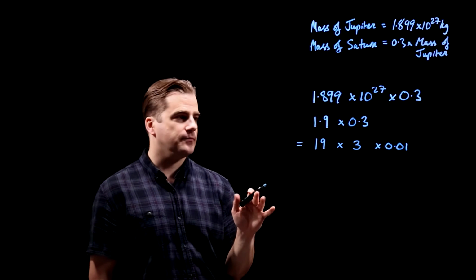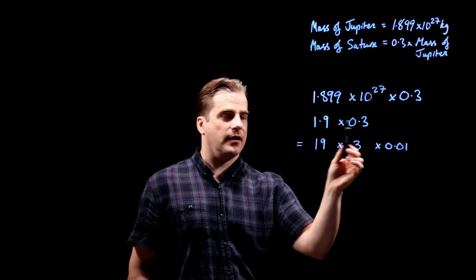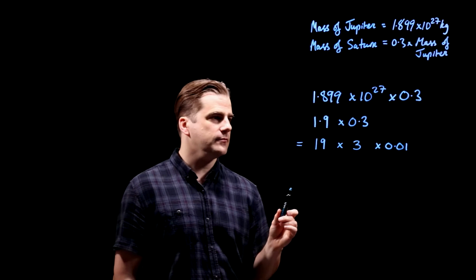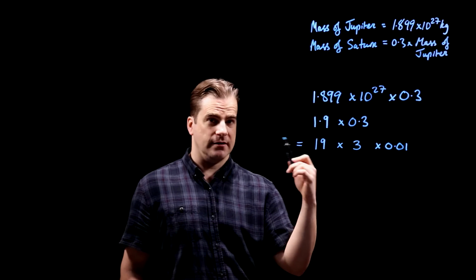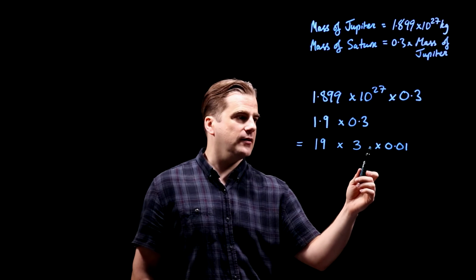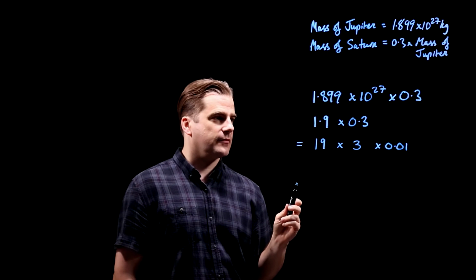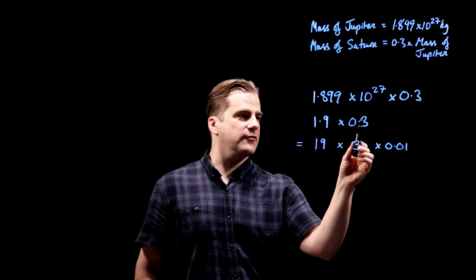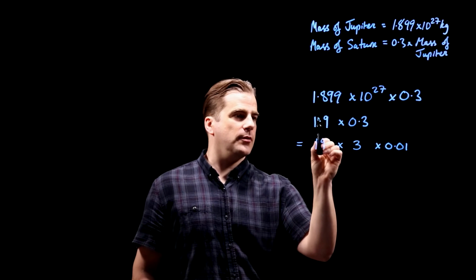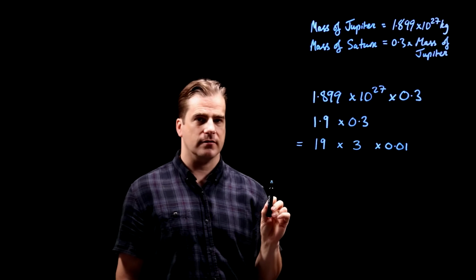I'll go through that again. We want to do 1.9 times 0.3. So what we do, we actually do 19 times 3, and then at the end, we move the decimal points back. Because in going from here to here, we moved the decimal points a total of 2 positions.